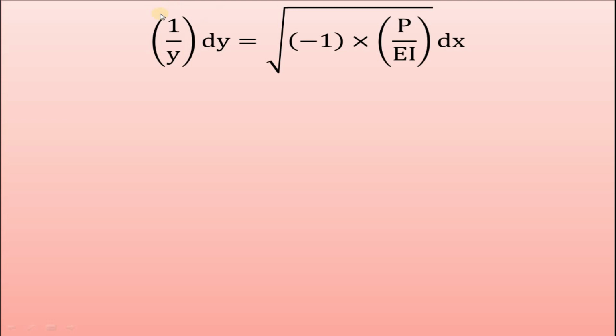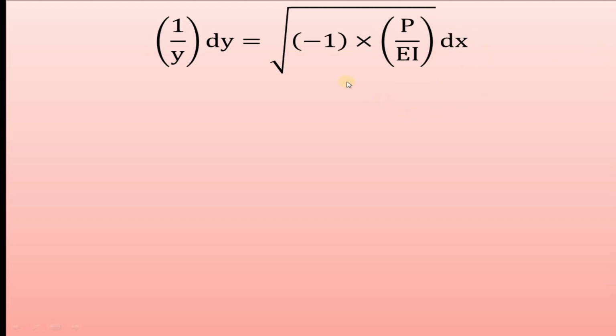The next step will be 1 by y dy is equal to square root of minus 1 into P by EI dx. In this RHS, square root of minus 1 into P by EI can be rewritten as square root of minus 1 into square root of P by EI, because there is a rule in square root: square root of a into b is square root of a into square root of b.